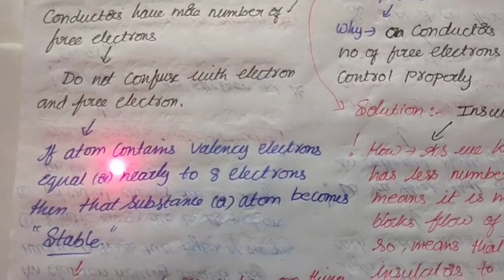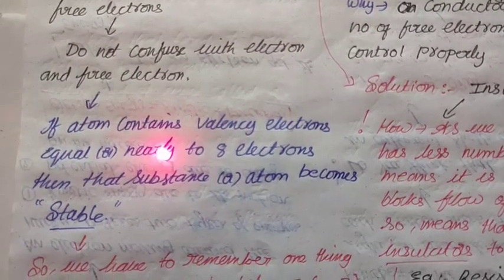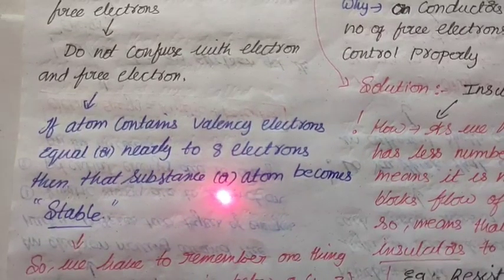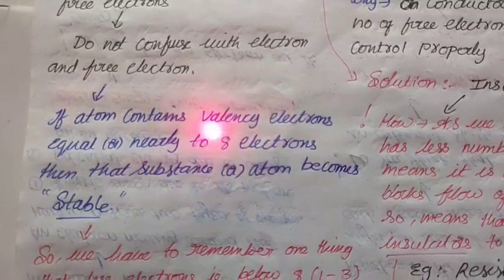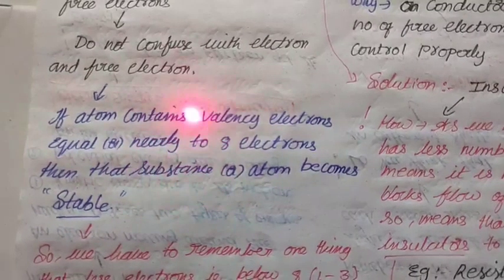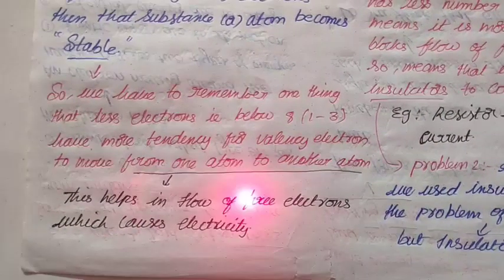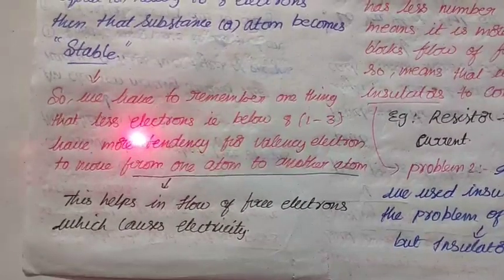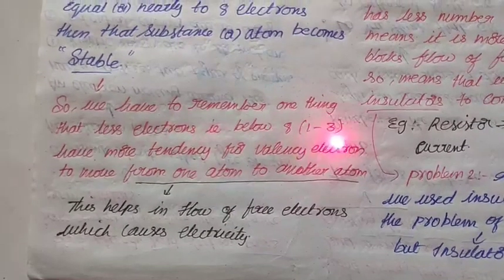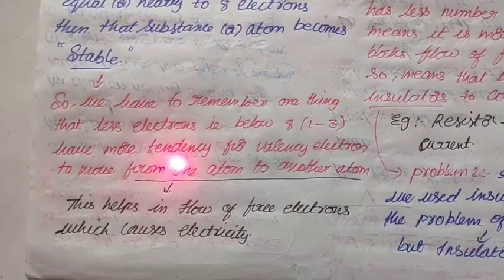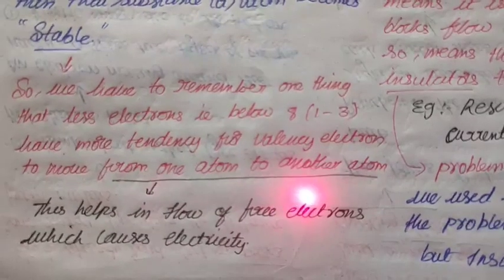If an atom contains 8 valency electrons or nearly 8, then the atom becomes stable. An atom becomes stable when it has 8 electrons in the outermost valency cell. So we have to remember one thing: fewer electrons, that is less than 8, like 1, 2, 3, means a greater tendency for valency electrons to move from one atom to another.